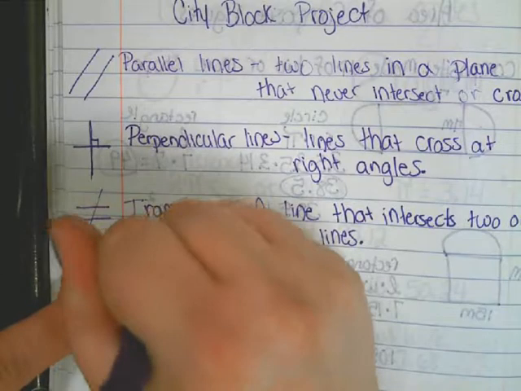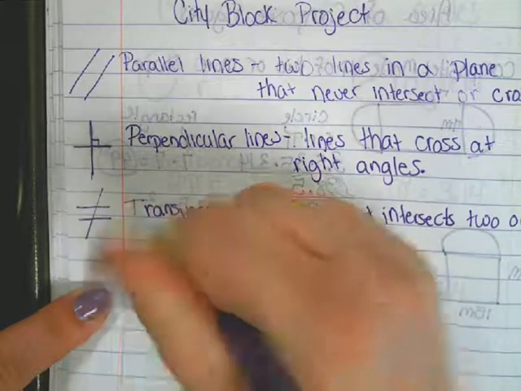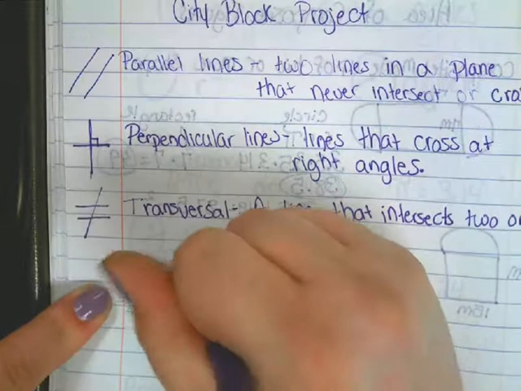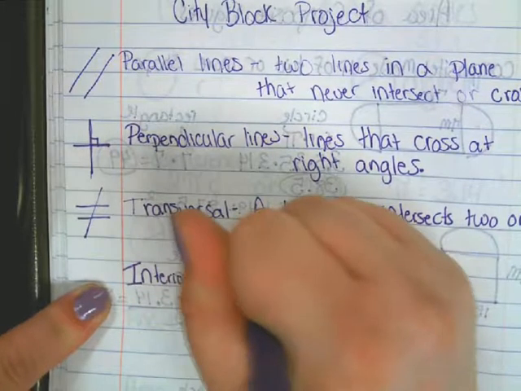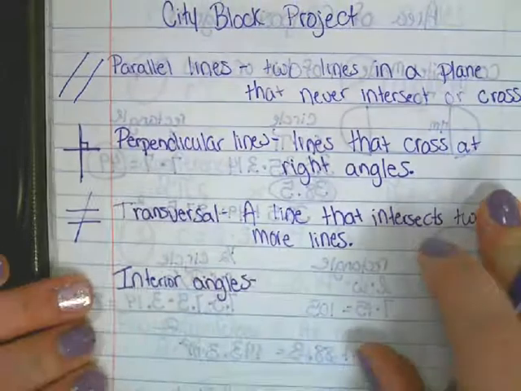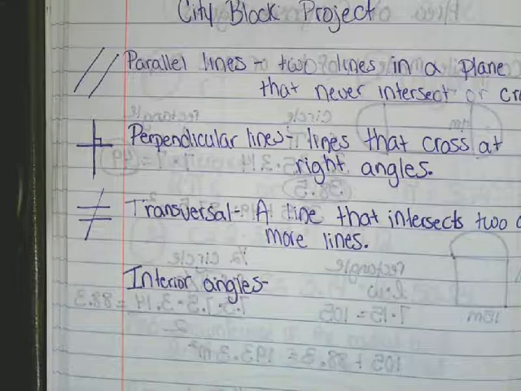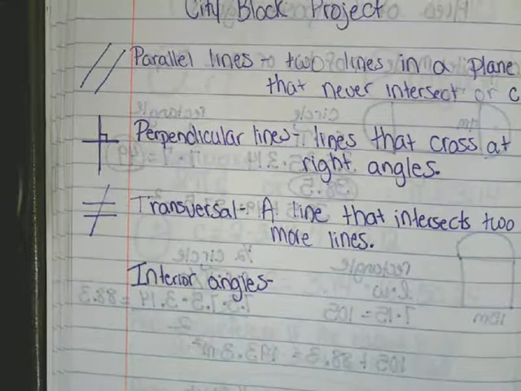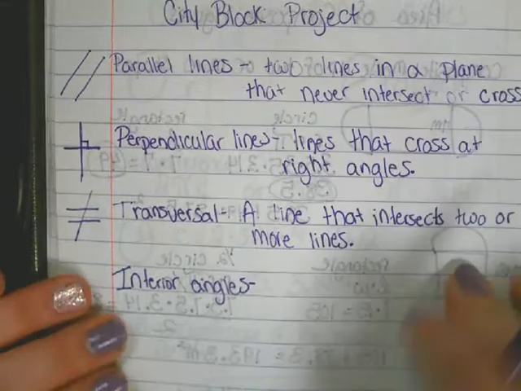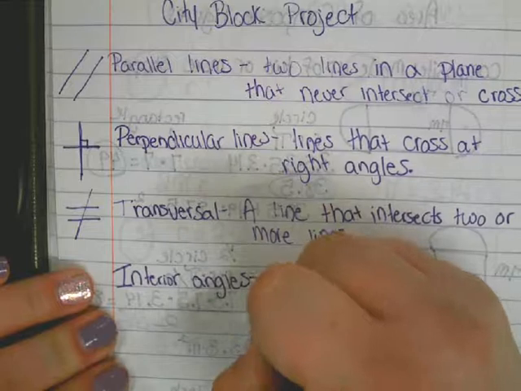Interior angles. These ones I'm not going to spend a lot of time explaining right now because we're going to go back and look at a picture after all the notes. So interior angles lie inside parallel lines.